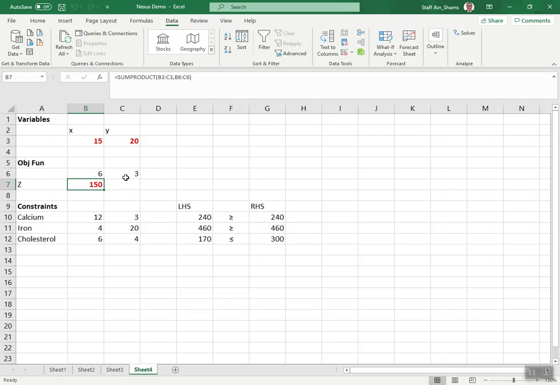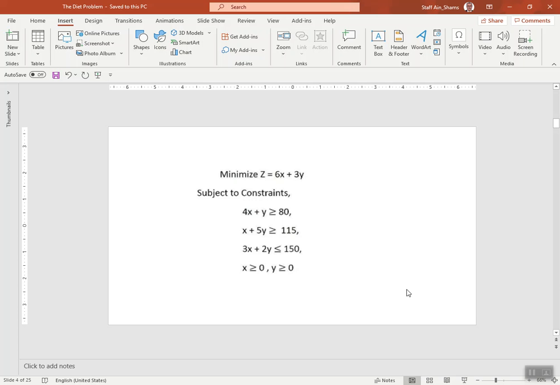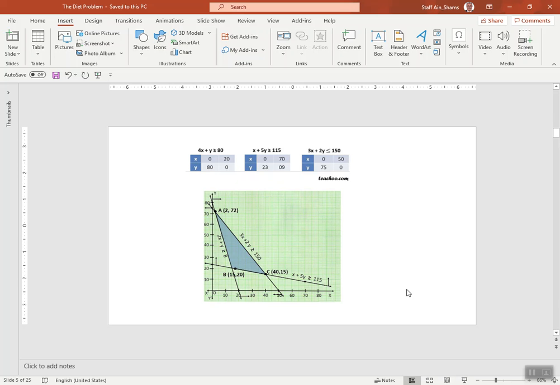Therefore, the optimal solution is 150 of vitamin A, and the packages from P and Q, or X and Y, are 15 and 20, and this is the same solution you find if you go to the graphics. These are the equations after being reduced, and then the solution is here, 15 and 20 as we obtained.